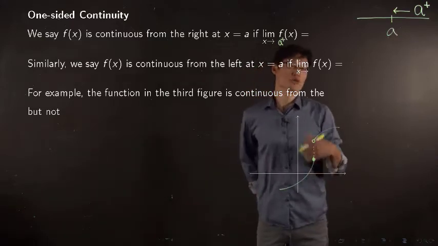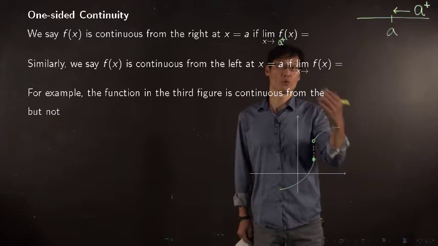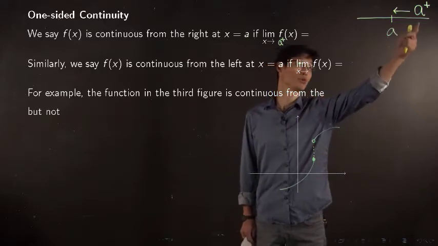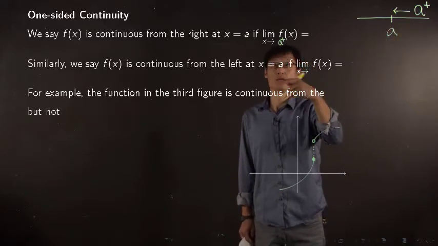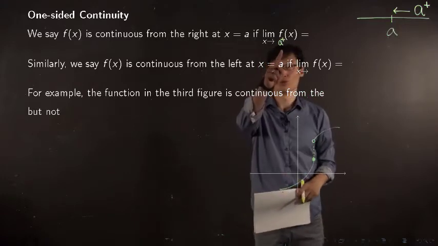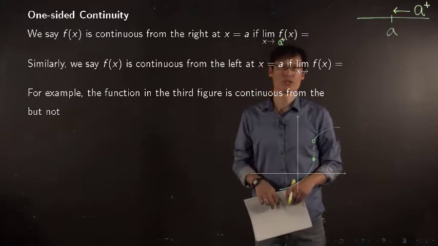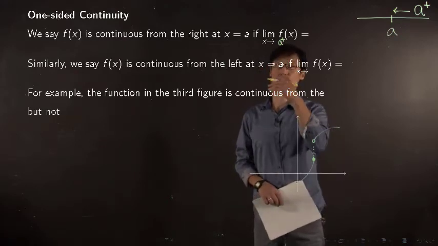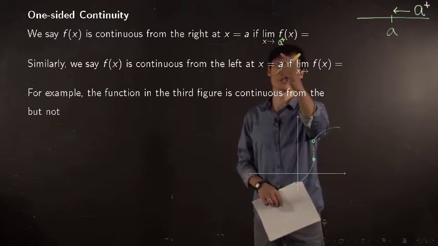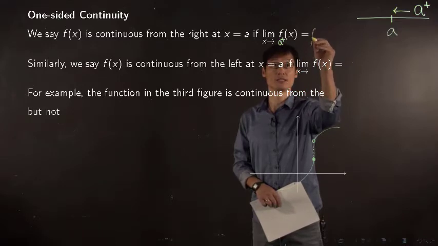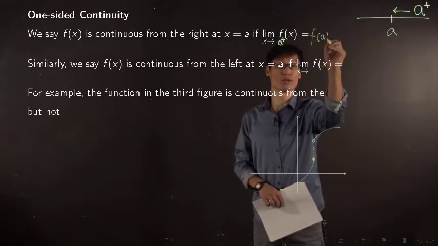So when we are interested in the behavior of function f when your x approaches from the right, then we use this symbol, a plus. And we say the function is continuous from the right when this limit is exactly the function value.